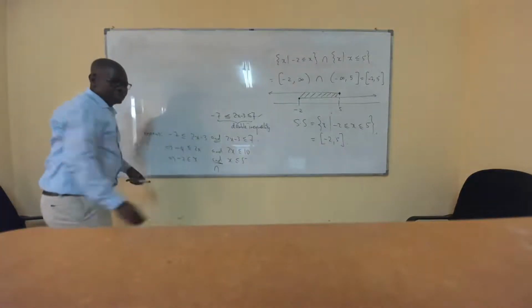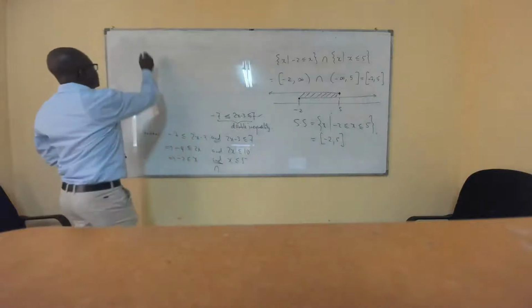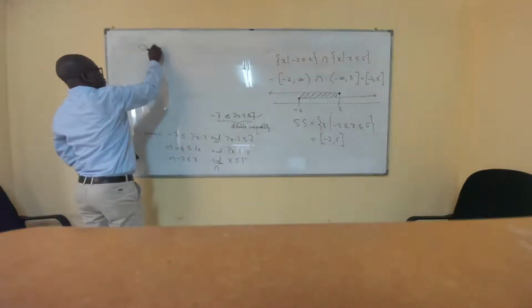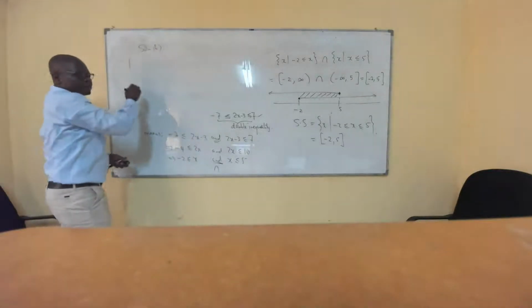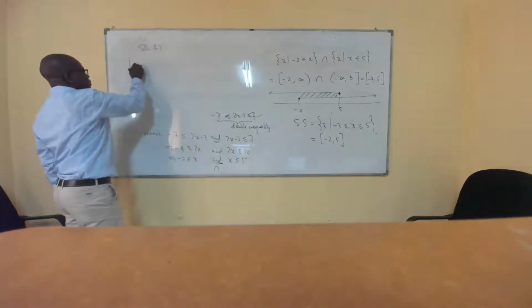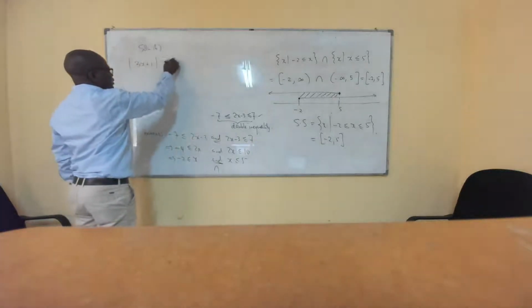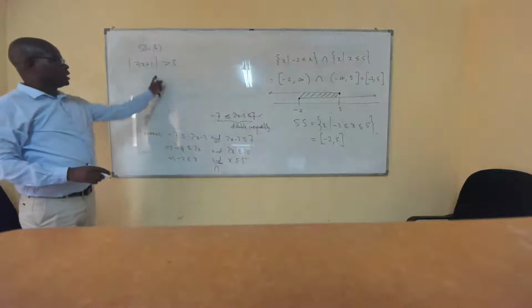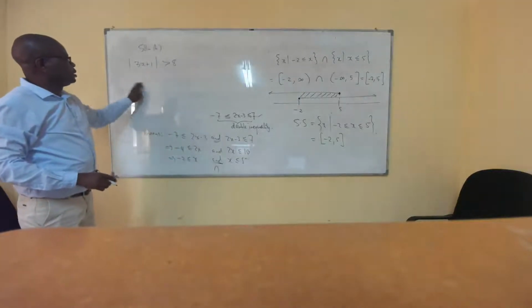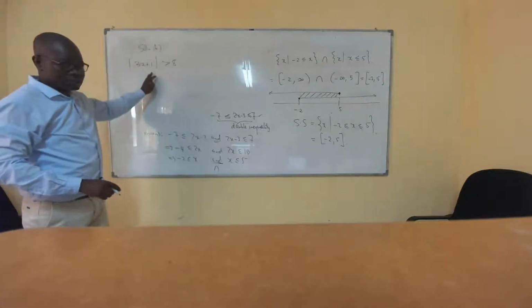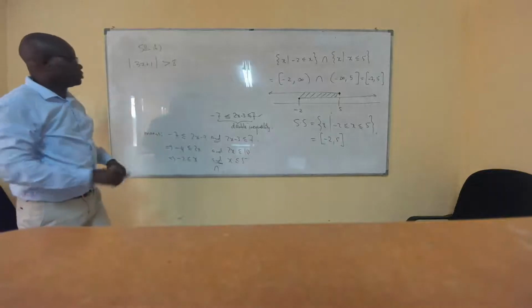Solution to part B. We have the absolute value of 3x plus 1 is greater than 8. So we have to write this in a form which is equivalent to this, but not involving absolute values.